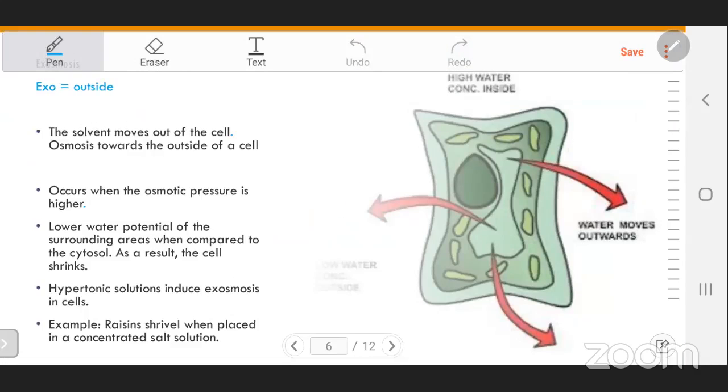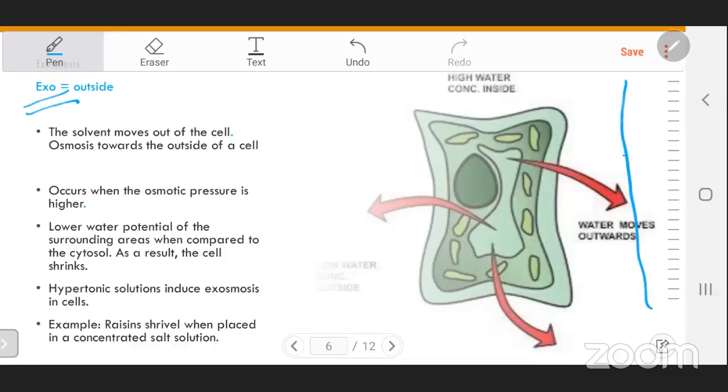Now, the complete opposite of that phenomenon is exosmosis. Exosmosis is mainly when water moves from the cell outwards. That is exit. Water exits the cell. This is because the water inside the cell has more concentration of solvent than the outer environment.